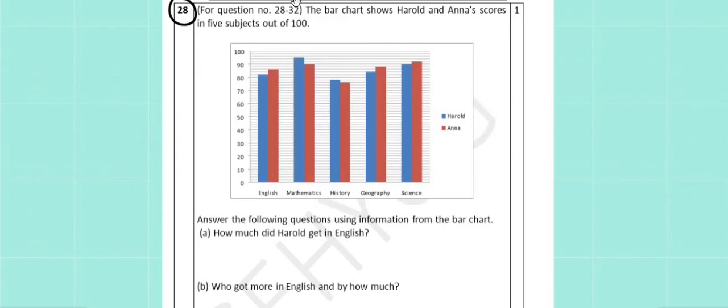So, if we want to find out how much, for example, Harold scored in English, 2 stripes above 80 is the blue bar which stands for Harold's marks. So, 82 will be the answer. Like that we will solve 28 part B also.